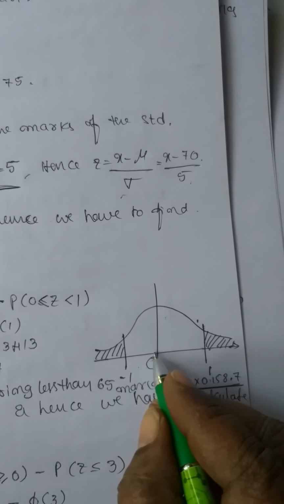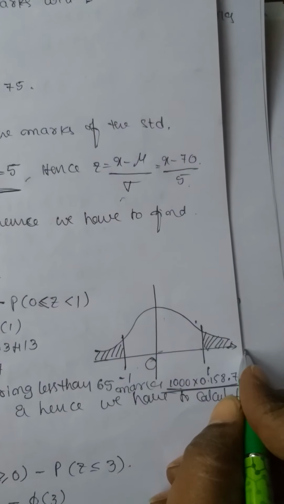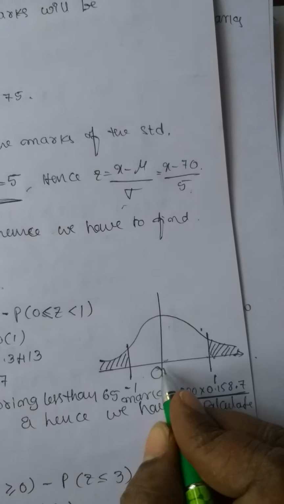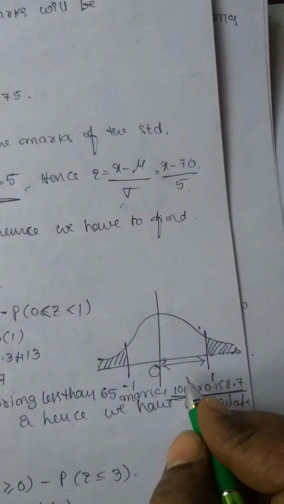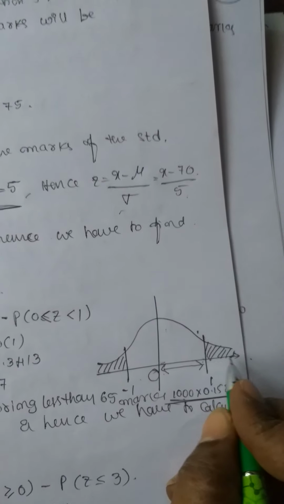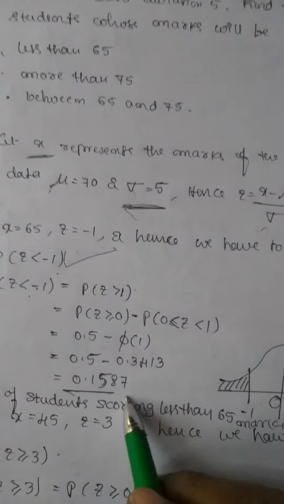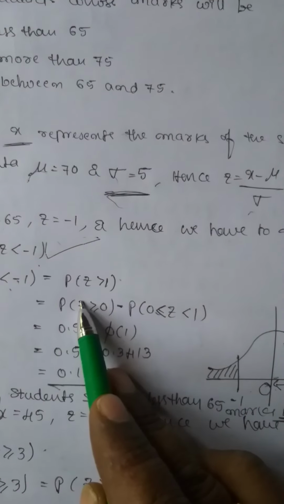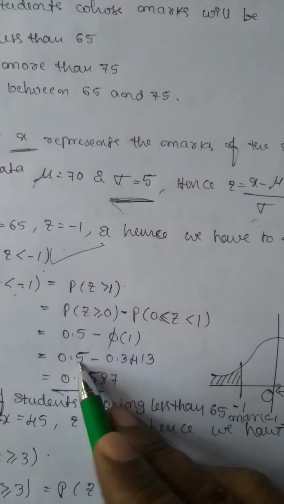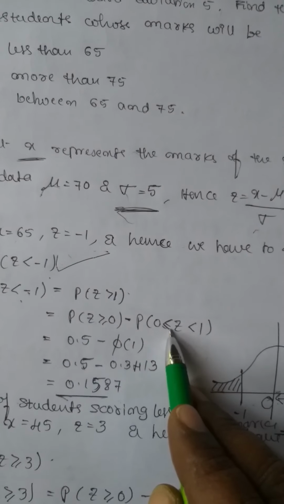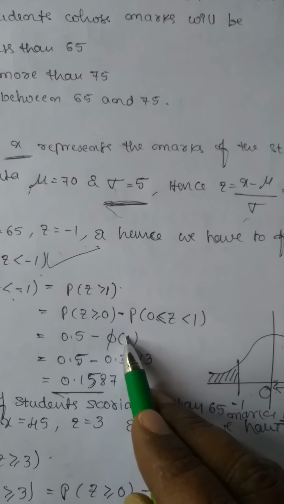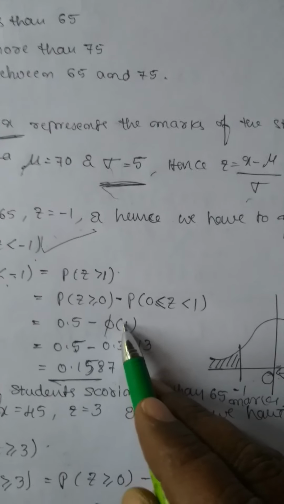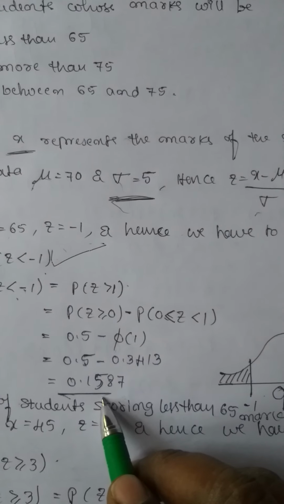So first I'll consider from 0 to infinity, and from there I'm going to subtract this area. The entire right-hand side of the curve is 0.5, and the area from 0 to 1 can be written as phi of 1. We can calculate this from the normal distribution table or from the calculator. If you simplify, you're going to get this value.